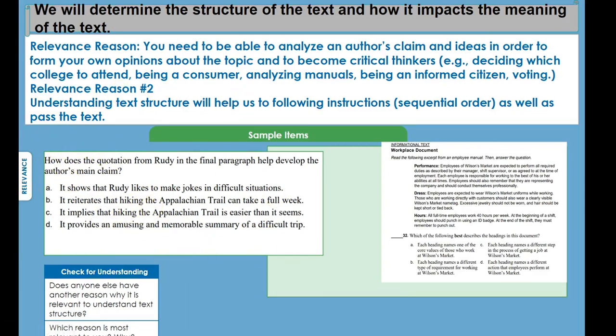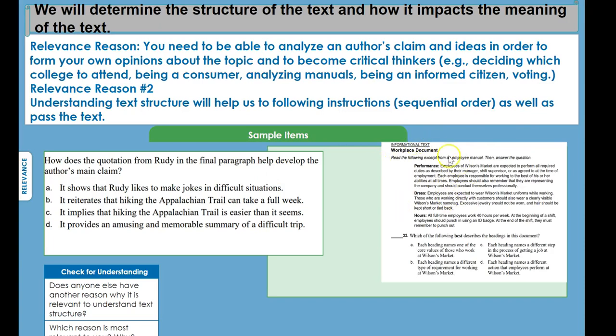You will see this. So you need to make sure that you understand how sentences, paragraphs, even sentence structure help to develop the author's main idea or their claim.